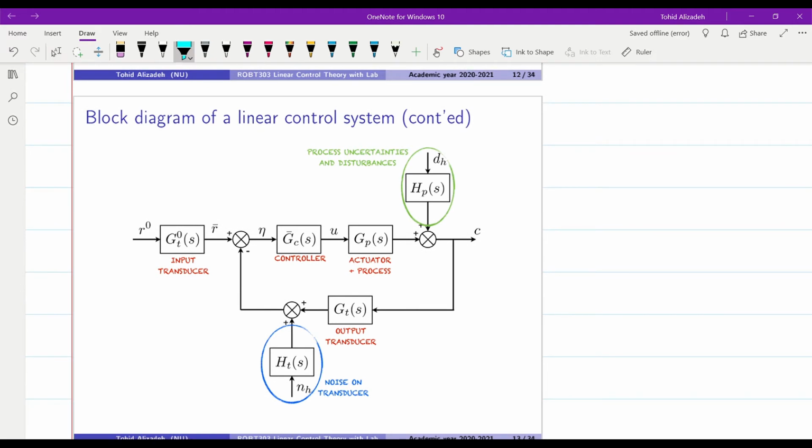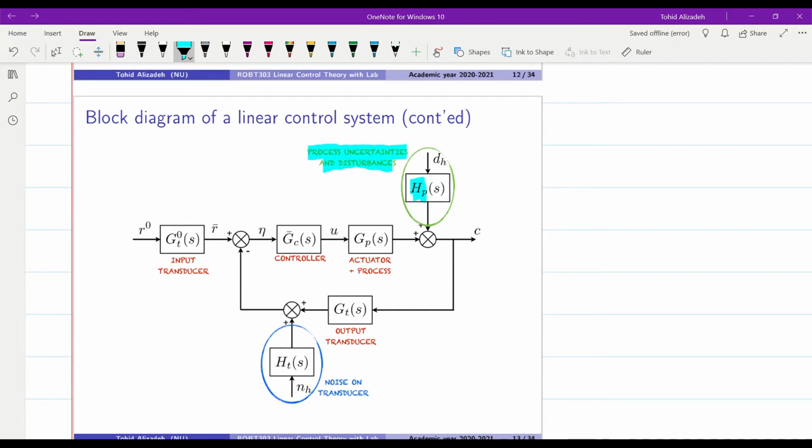You can see over here that DH is used as the input to the HP of S block, and HP of S is representing the process uncertainties and the disturbances. We will talk later about what the disturbances are and how the process uncertainties are defined.